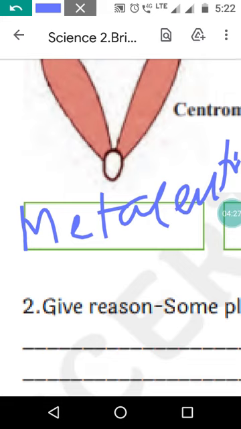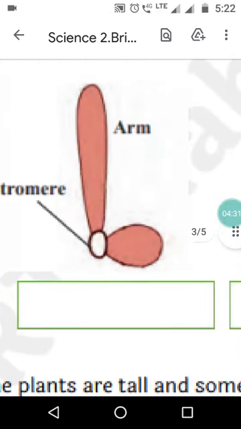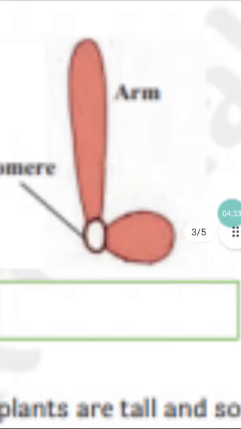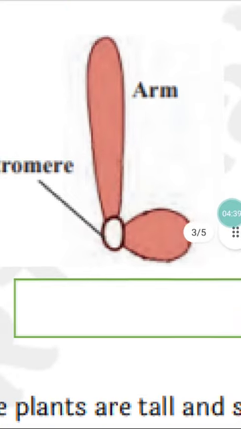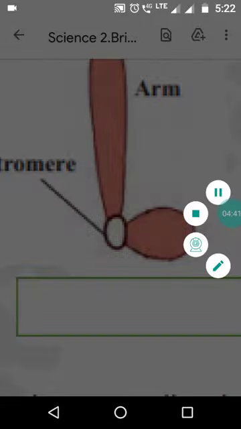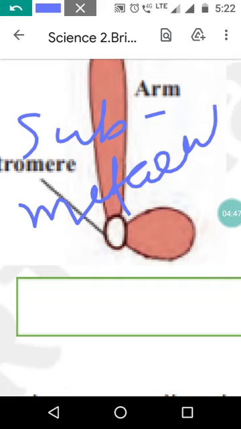Okay, if the centromere is present near the middle, not exactly in the middle, such a chromosome is called a submetacentric chromosome. You have to write all this in your notebook.